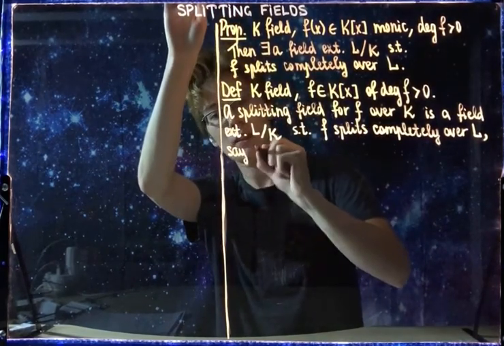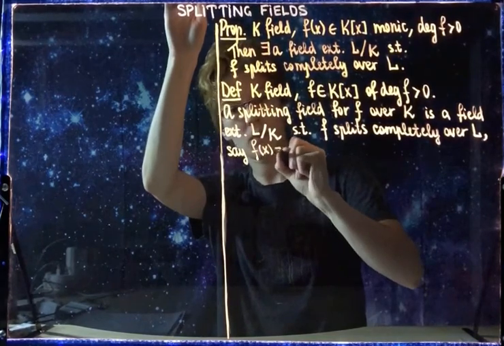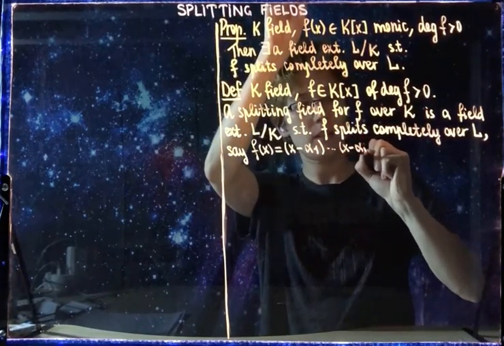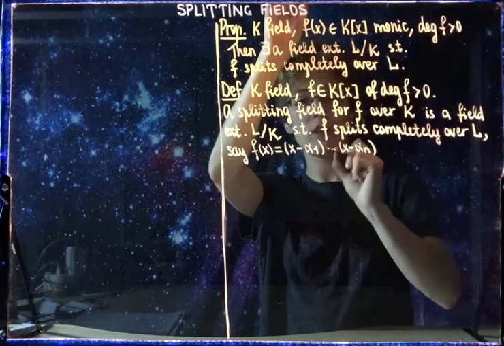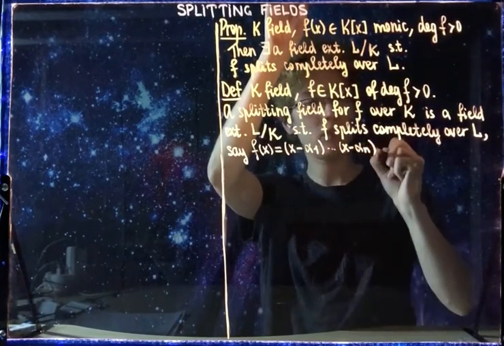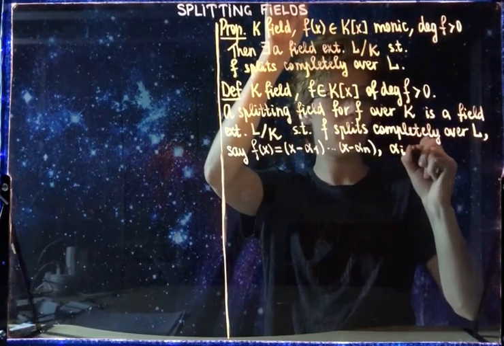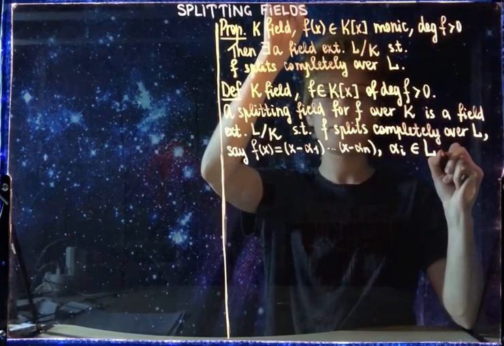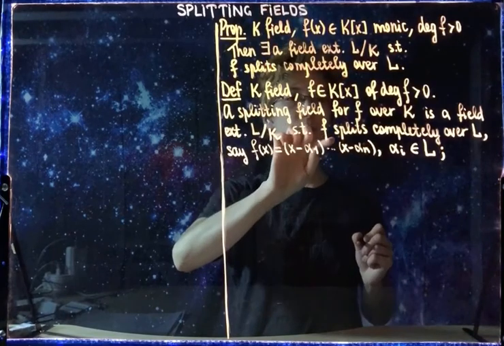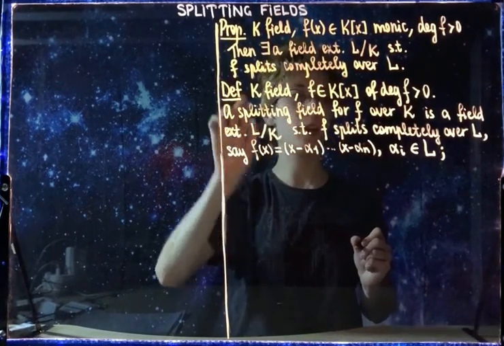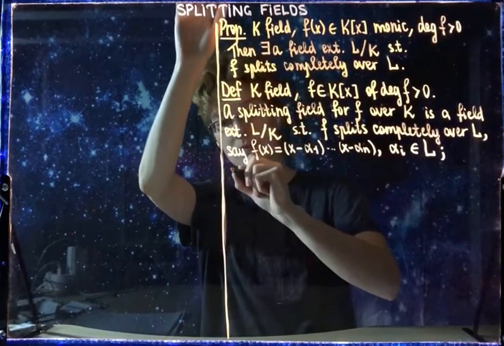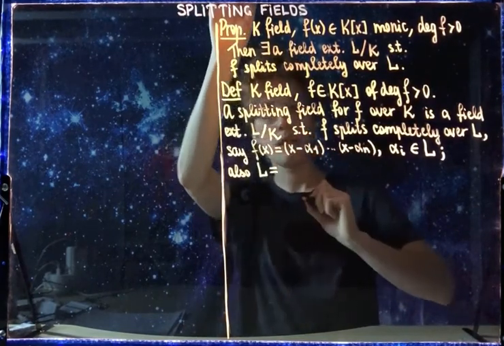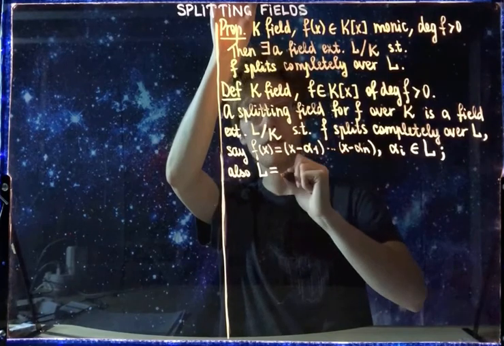So if we say that f of x is a product of x minus alpha 1 through x minus alpha n, probably multiplied by a non-zero constant, where alpha i's are roots of f in L, then the minimality property that we want to assume for L is that L is obtained from k by adjoining all the roots of f and nothing else.